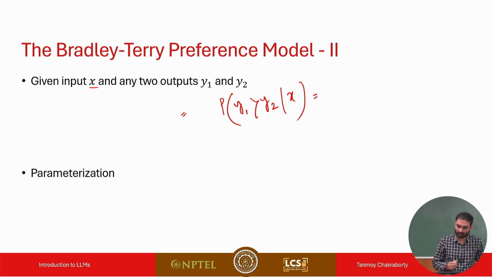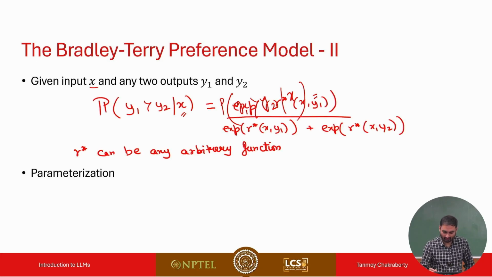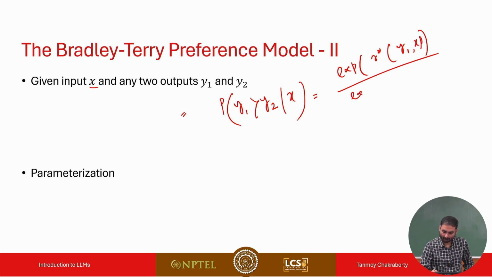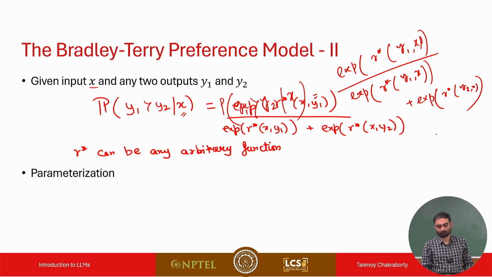So what we do here, we will write it in this way. So exponent of r star, I'll tell you what r star is. r star y1 x, r star y2 x.